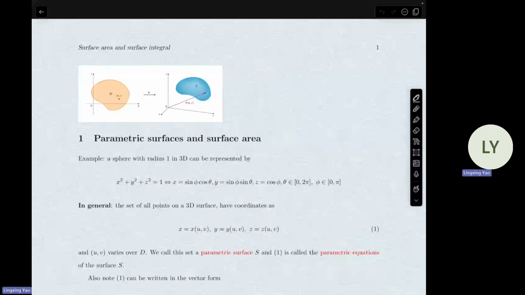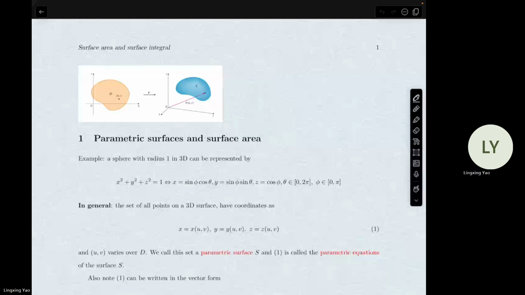All right. We're going to talk about the new topic, and this is a special application of the double integral. Here we put it at the end of this chapter instead of a later discussion as arranged in the textbook, I think.